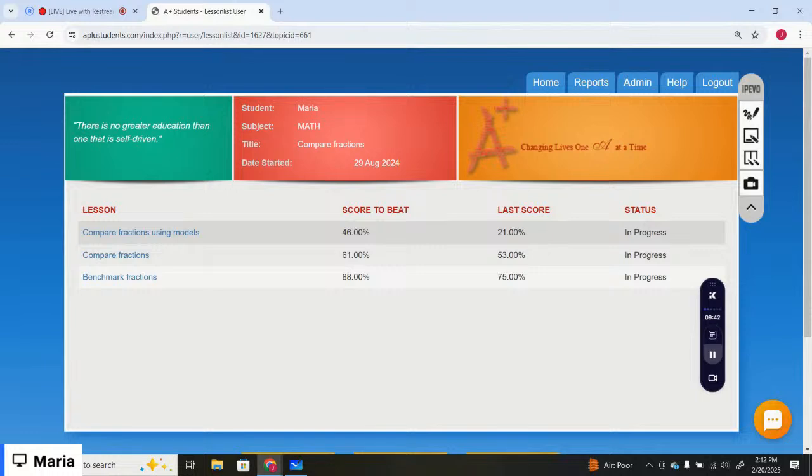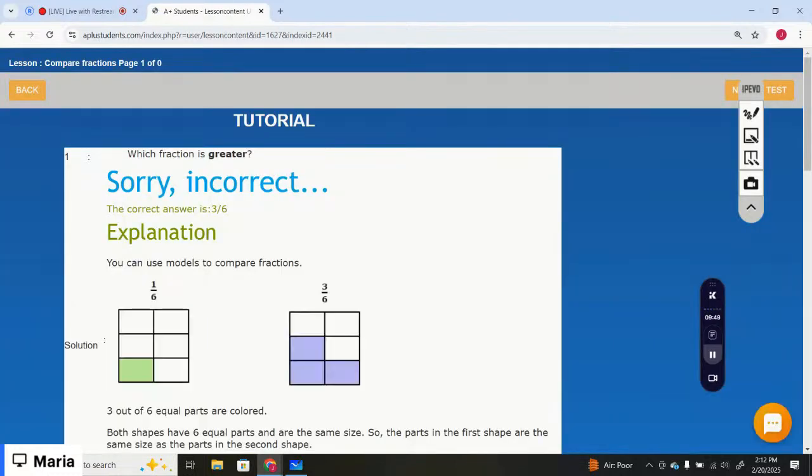Okay, the next one is compare fractions. Let's just start with the lesson. Which fraction is greater? 1 by 6 and 3 by 6.